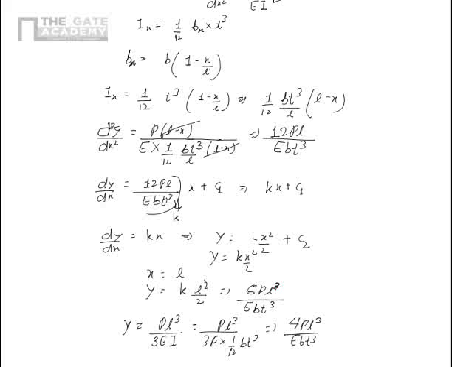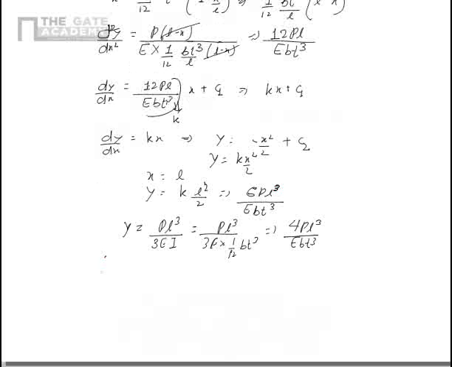So you see the ratio of the deflection of the tapered to the constant cross section beam is 6/4, which is 3/2. It is intuitively clear that because we are reducing the area of cross section, the deflection is more, but it is more by only 50%.